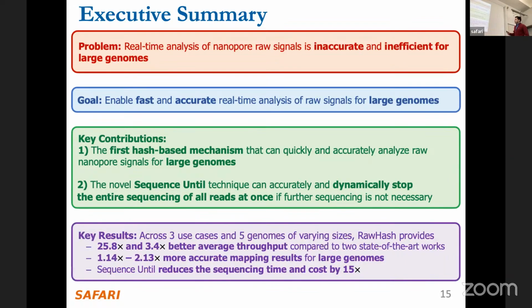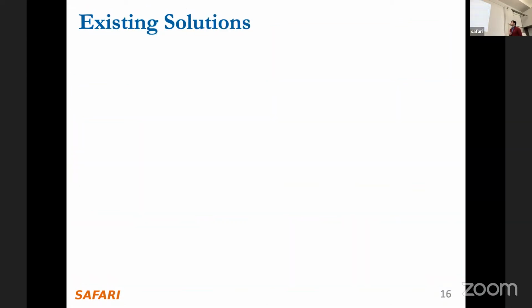Based on extensive evaluations across 3 use cases and 5 genomes of varying sizes, RawHash provides significant improvements in performance and also substantial improvements in accuracy. RawHash also shows that the Sequence Until mechanism can reduce the sequencing time and cost by 15x by enabling stopping the entire sequencing run completely.